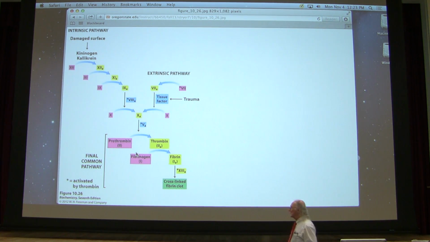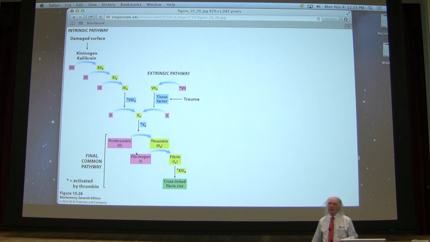If we look at what makes fibrin, fibrin starts out as an inactive form. It's called fibrinogen, and our bloodstream is loaded with fibrinogen because we like to be able to make clots as quickly as we can when we need to. Fibrinogen is the inactive form.